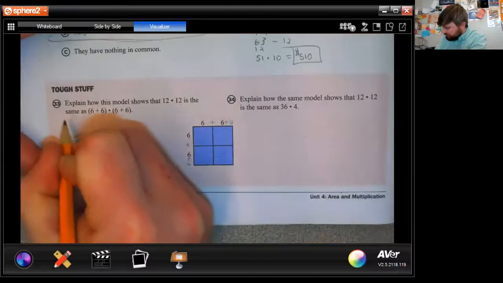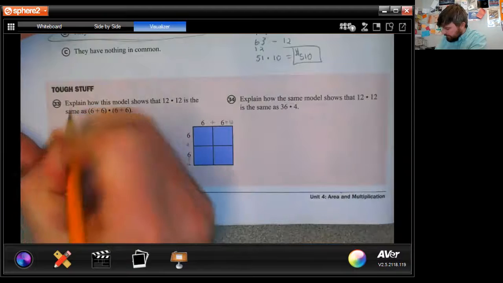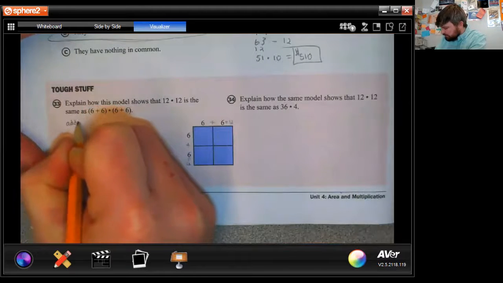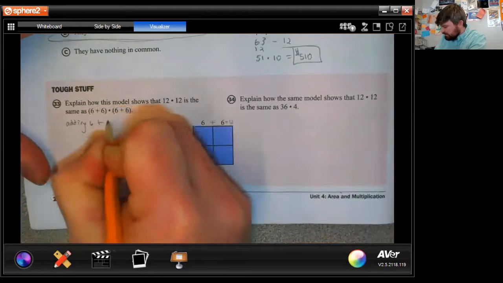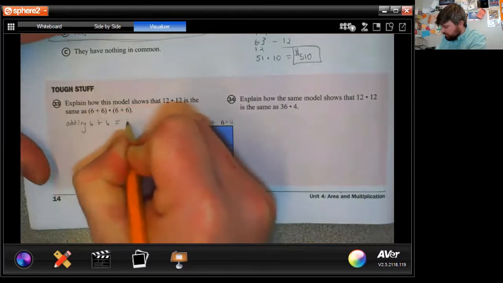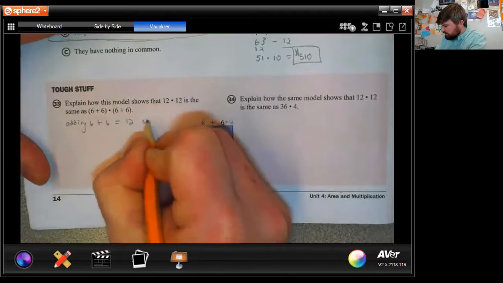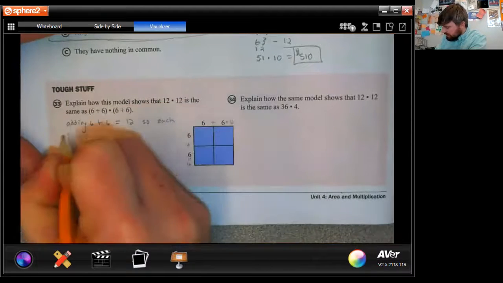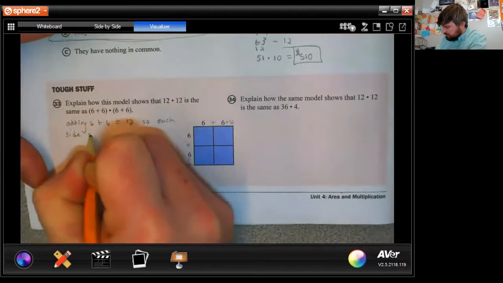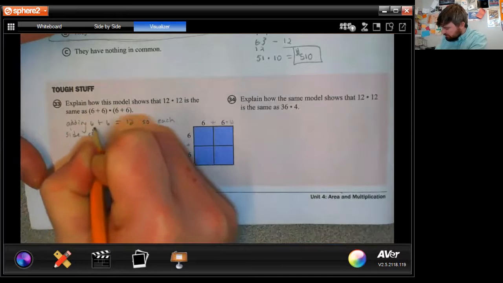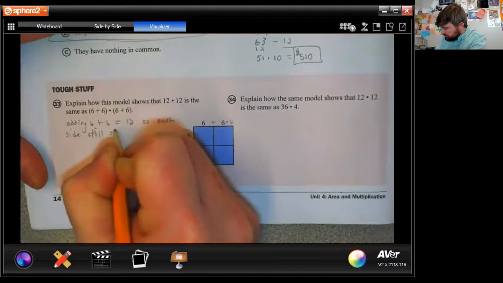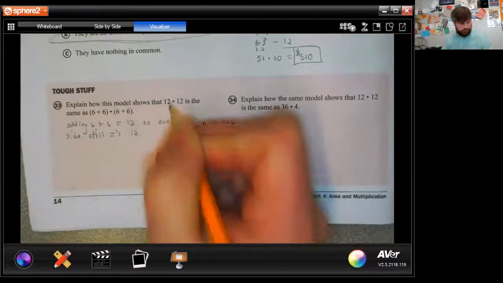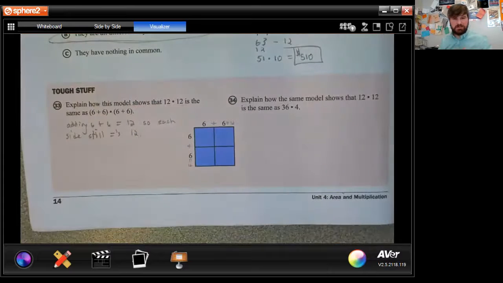So adding 6 and 6 equals 12. So each side still equals 12. Okay, so each side is still 12 long, whatever it is, inches, units.